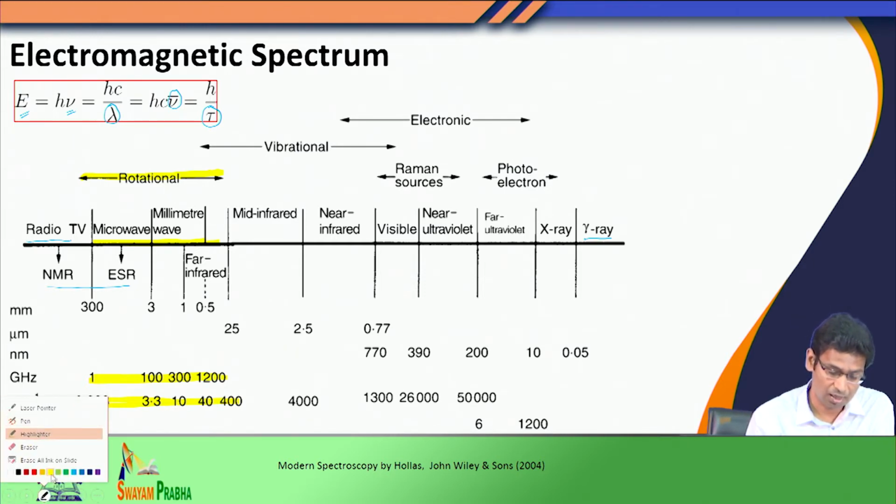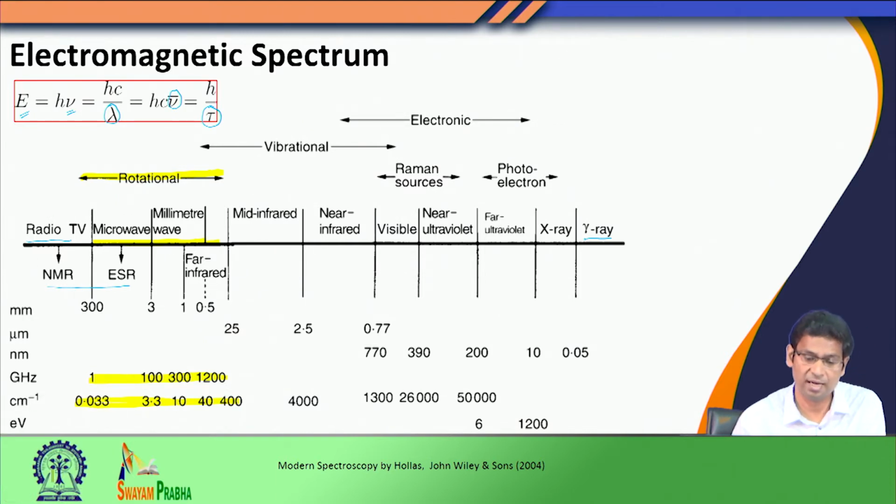Now, as we go higher in energy, the next range of radiations can induce vibrational changes in a molecule. To vibrate a particular bond in a molecule requires more energy than it takes to rotate that molecule.